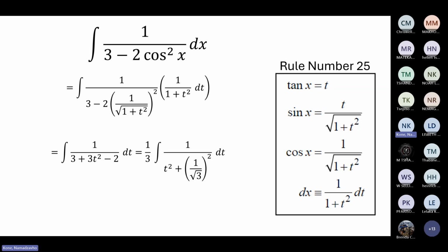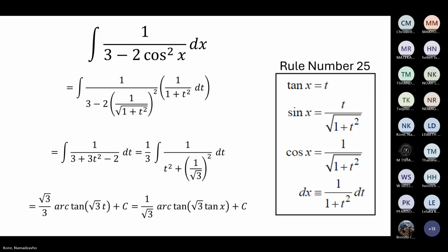The answer is that one. So it's arctan square root 3t. And this one came about from 1 over 3 divided by 1 over square root of 3.